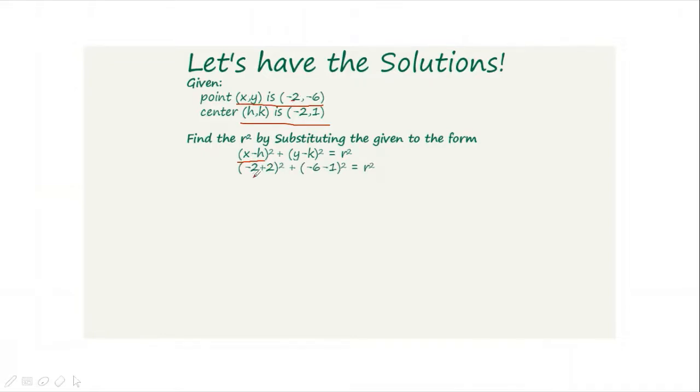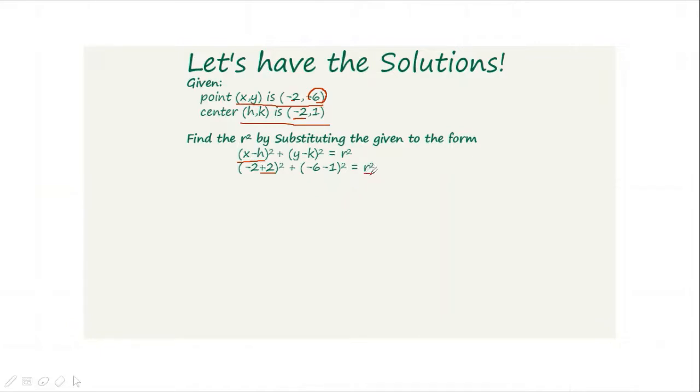Just like I said earlier, if the given h is positive 2, then we use addition as our operation, so plus 2, then copy the exponent. Plus, our y is negative 6, minus our k, which is 1, then square, equals r squared.